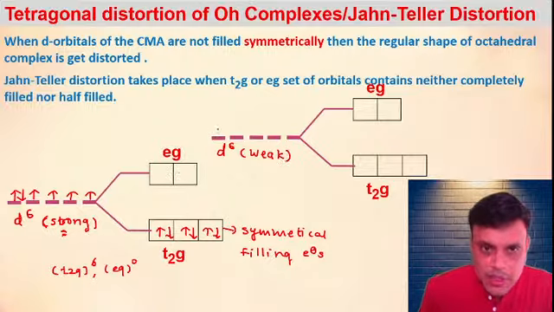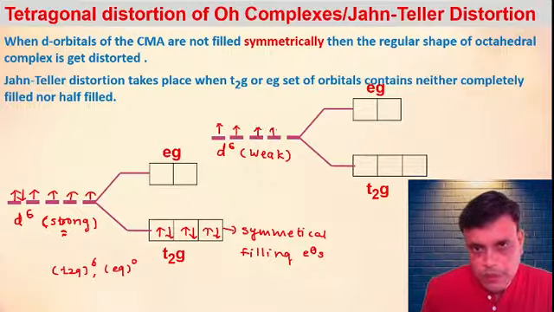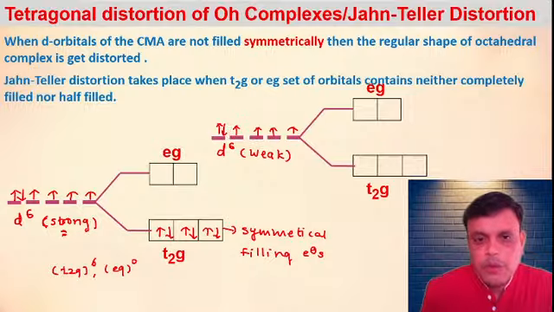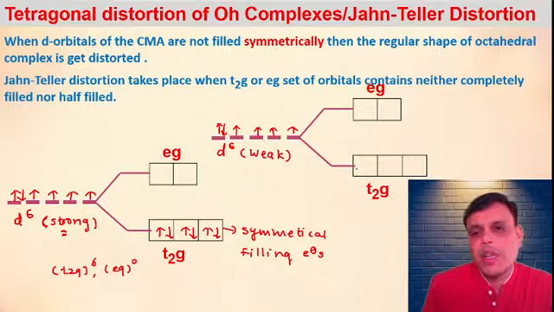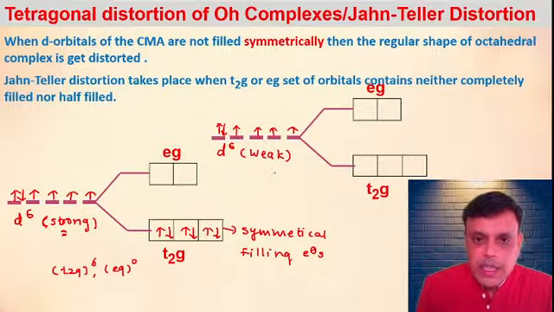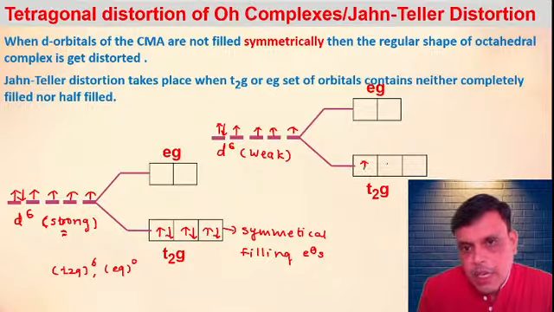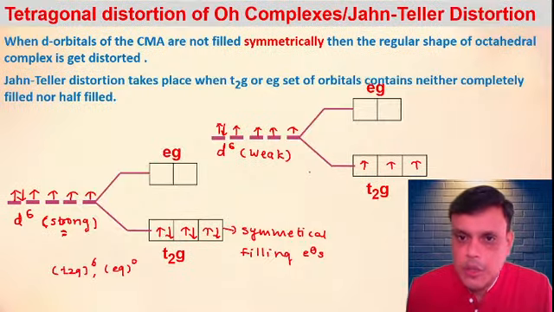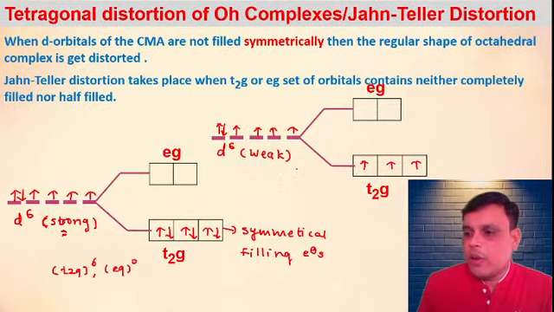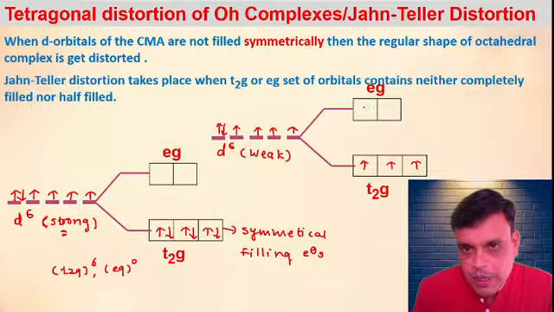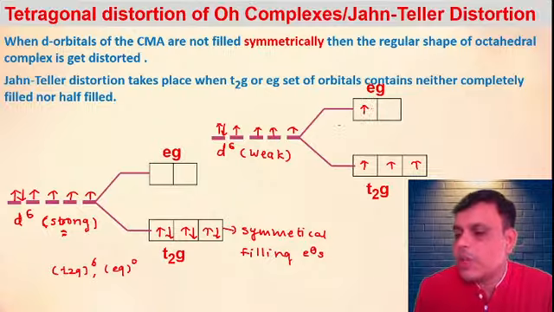Now you have 6 electrons, 1, 2, 3, 4, 5 and 6, and you have to fill these 6 electrons into the t2g and eg orbitals. In this case the complex is weak field, so according to the rule, 3 electrons will go into the t2g orbital, and the fourth electron will go into the eg orbital.